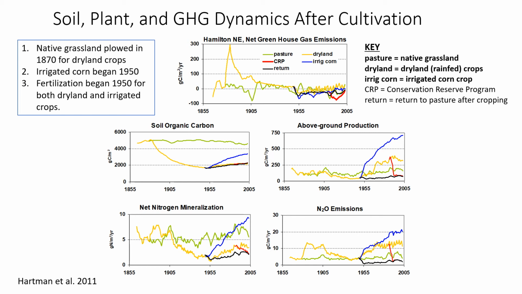And then finally, in the top graph around 1950, there's soil carbon building, so that's going to remove greenhouse gases from the atmosphere and put them into the soil. That's going to make the greenhouse gases more negative. So the irrigated crops seem to be able to sequester greenhouse gases to a degree, whereas the dryland crop was bordering on neutral greenhouse gas emissions from 1950 on.